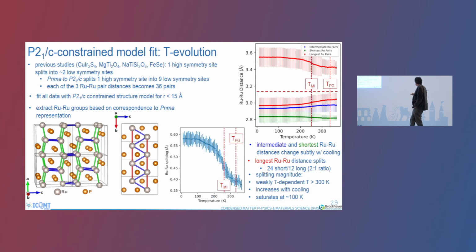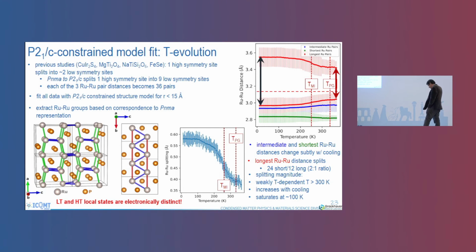Another aspect is that there is no change at all across the pseudogap transition, which suggests that this transition is disordered in character, whereas you see a much larger distortion in the non-magnetic ground state, which suggests that this distortion at low temperature and high temperature is of different origin, that the electronic state is not exactly the same.